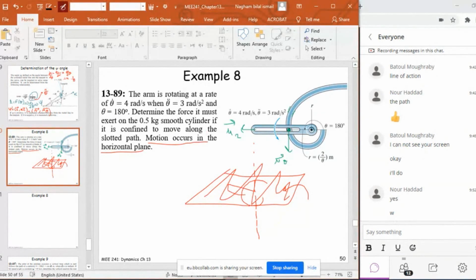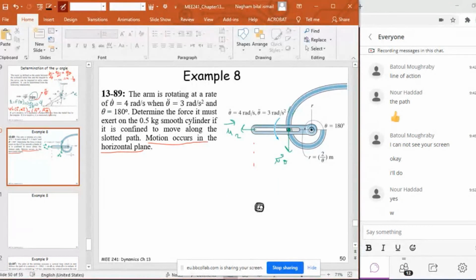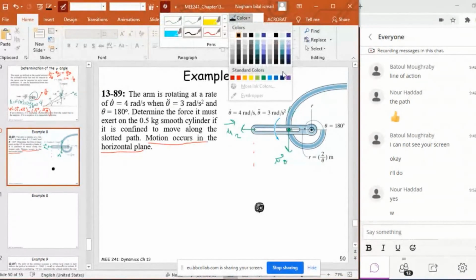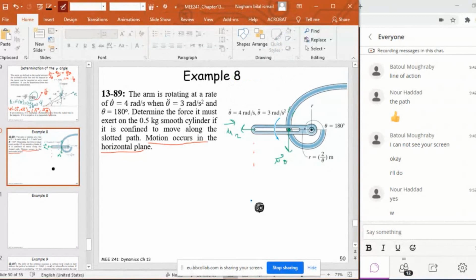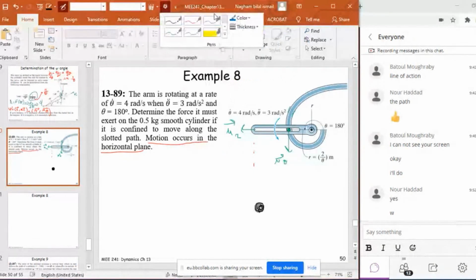So what I'm going to do now is draw the free body diagram of this cylinder. So this is my cylinder. What do you think are the forces exerted on this cylinder?